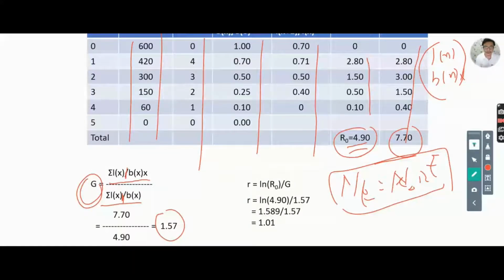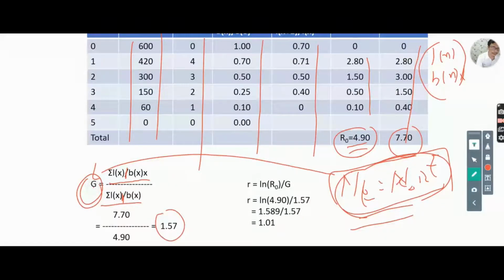But since it is a geometric mathematical relation that we have used, this is not directly applied to human population, so we have to make some corrections. But our basis is this Z naught, which we have derived from this particular geometric progression.